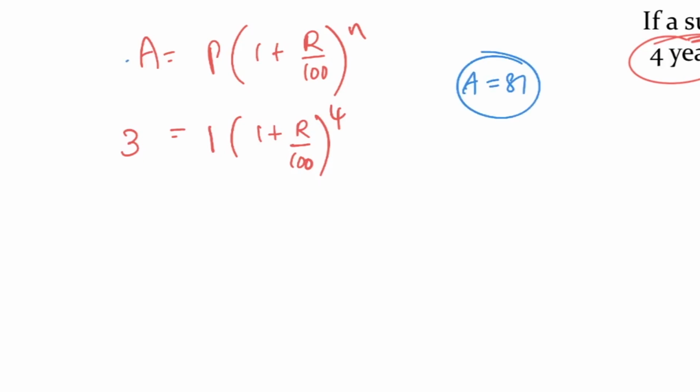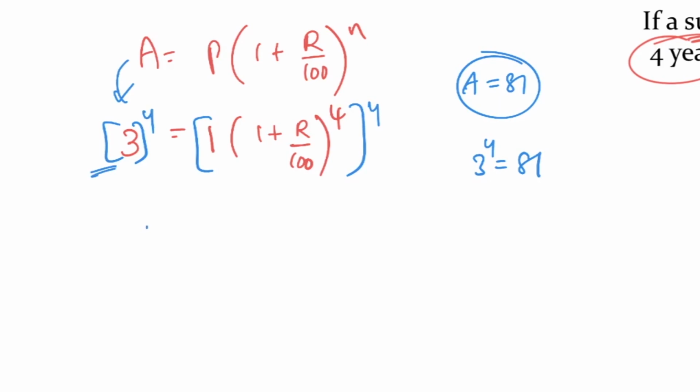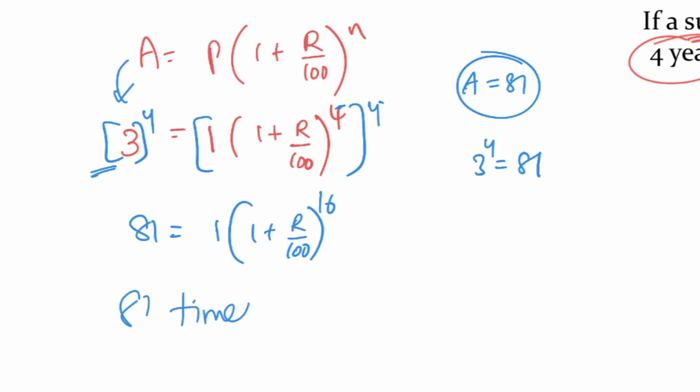We require amount 81. We know that 3 to the power of 4 is 81. Apply power 4 on both sides. Left side 3 power 4 is 81 is equal to 1 into 1 plus R by 100 whole power 4 into 4, 16. So it will become 81 times in the span of 16 years.